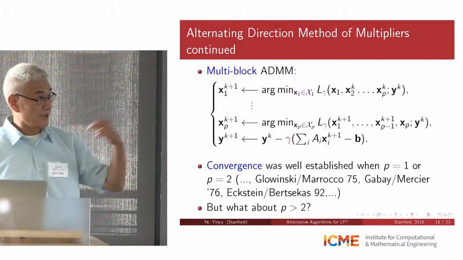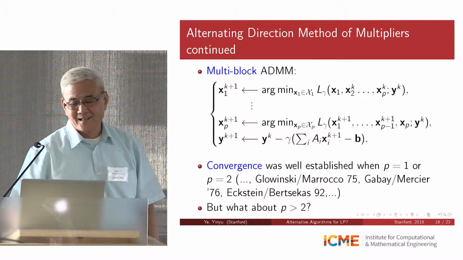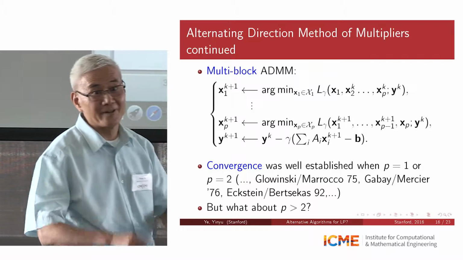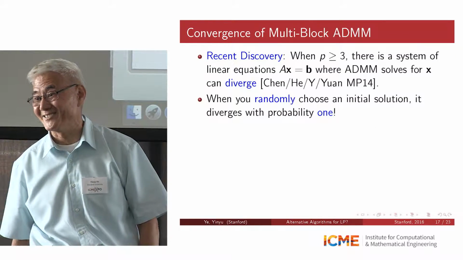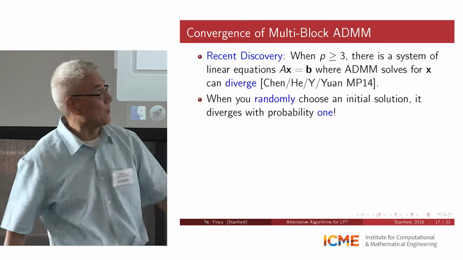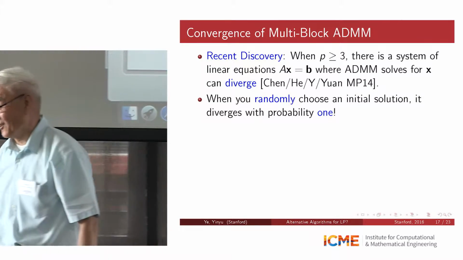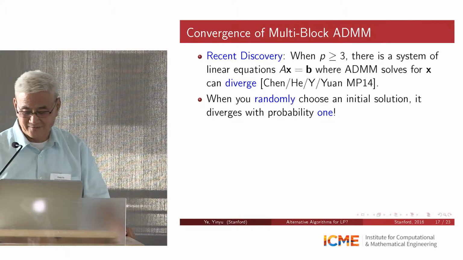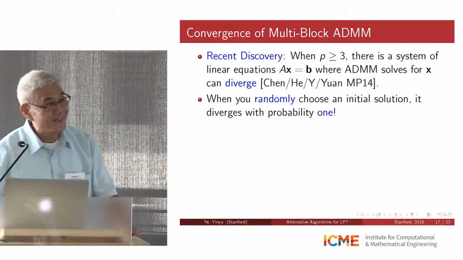Many people implemented it, and most of the time it works. But unfortunately, we proved, and we did find, a counterexample. When you have three blocks, the algorithm fails, miserably actually. The problem is just solving a system of linear equations, and the algorithm diverges.